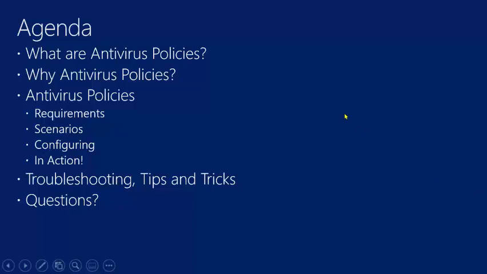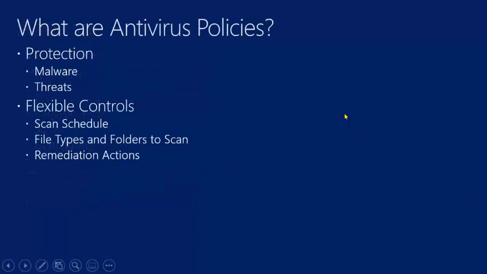So what are antivirus policies? We probably all know what antivirus is. Most of us have that. If you don't have it, you're probably infected by malware. But just to go through it, antivirus policy is all about protection against malware, against threats, even against some ransomware-type things.